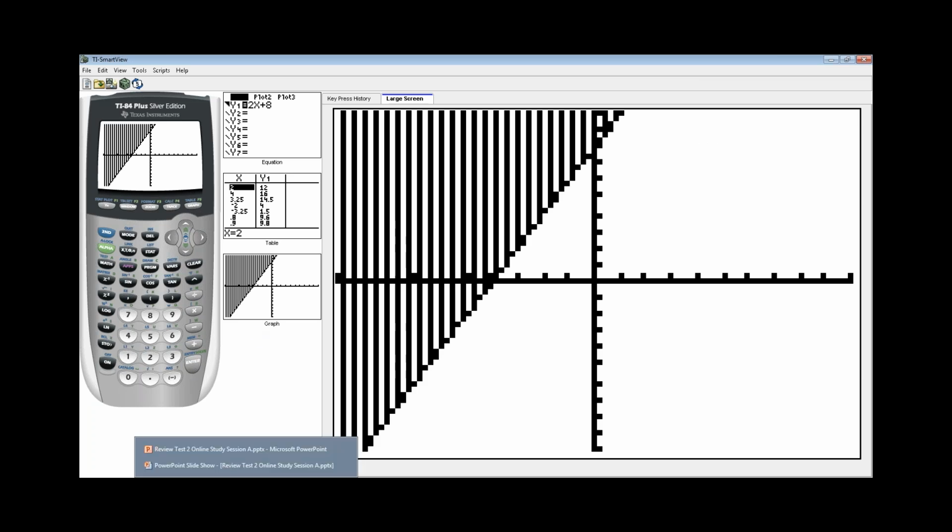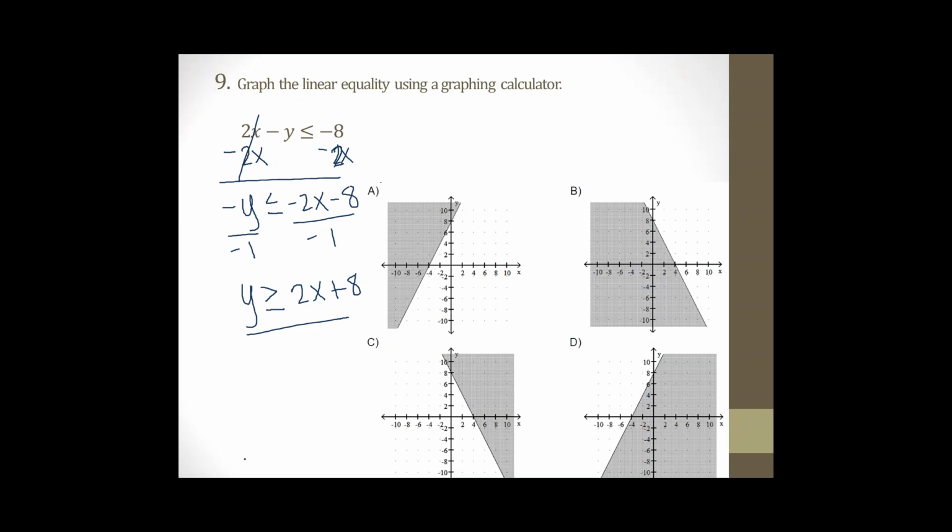And then if we go back to our options, that would be option A. The more familiar you are with your graphing calculator, the easier some of these questions can be for you. Any questions about that?